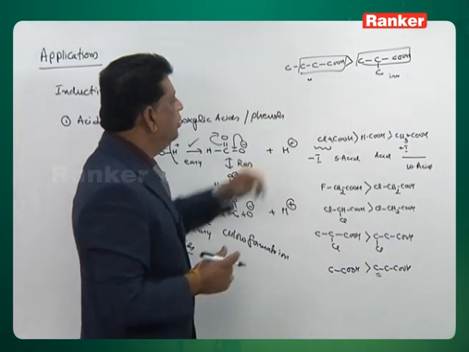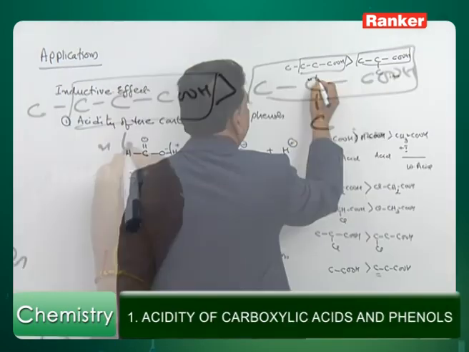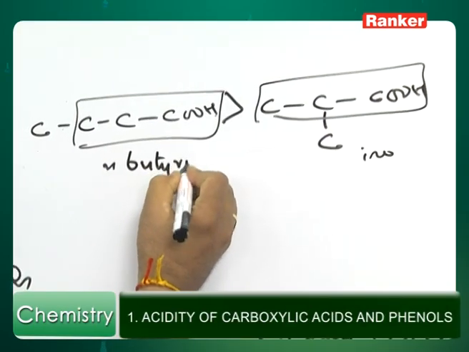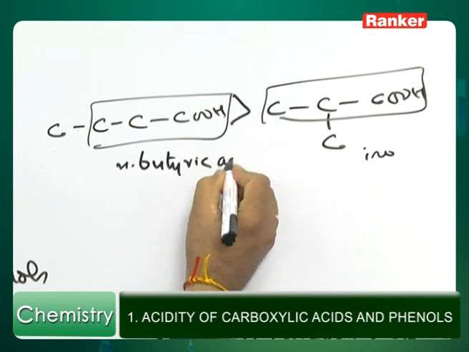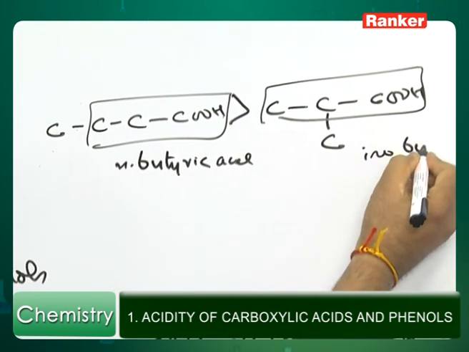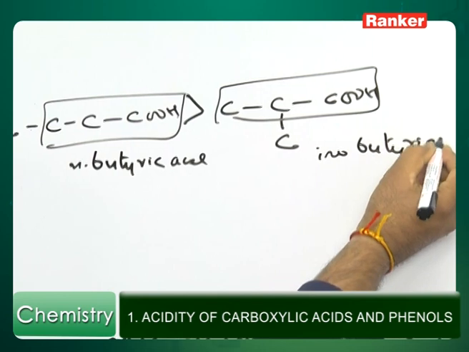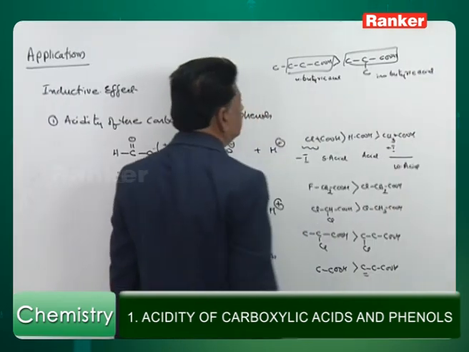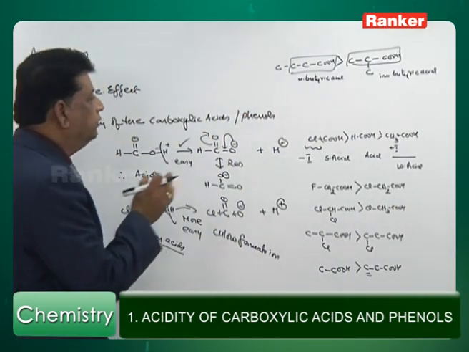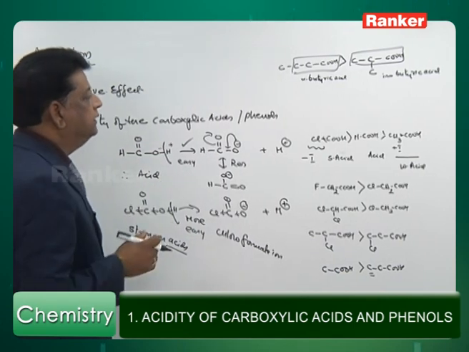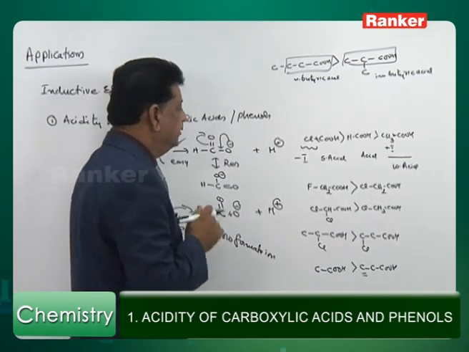So, n-butyric acid is stronger than isobutyric acid. The +I group closer means the acidity is less.